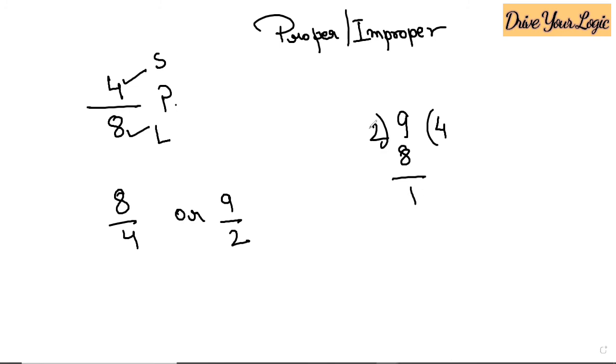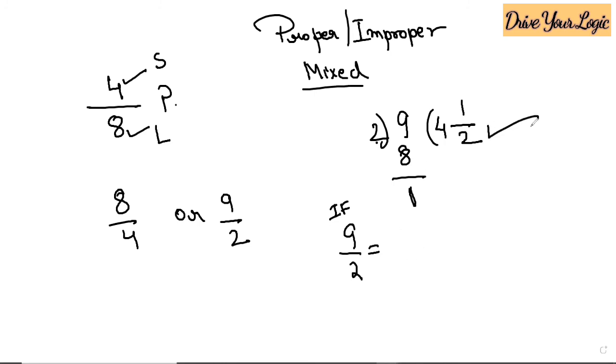Now, there is one more, is there? Mixed fraction. So proper, improper, mixed. What is mixed? This remainder 1 will go up here and the divisor will come here. So your answer is 4 1 by 2. So 9 by 2 is an improper fraction, okay? Improper fraction, you are converting into mixed fraction in this way.